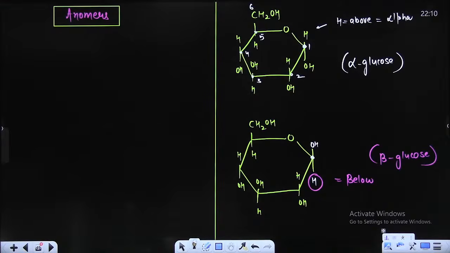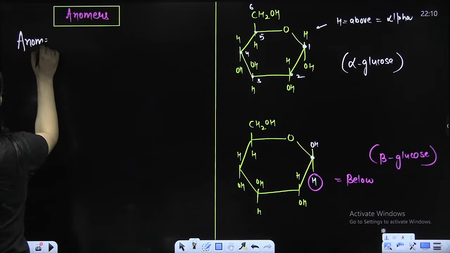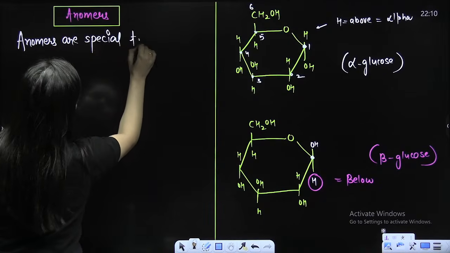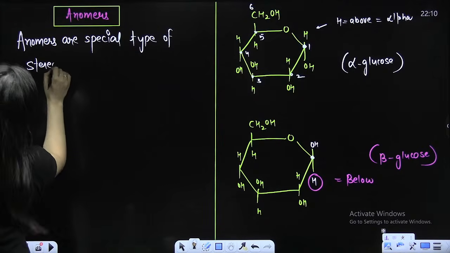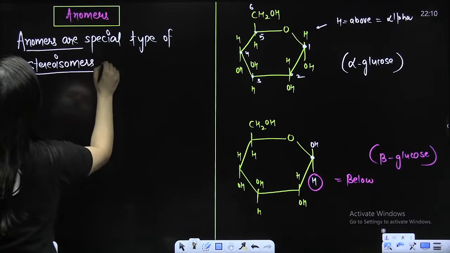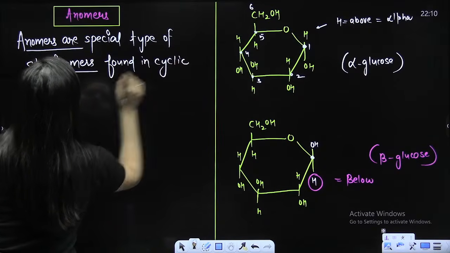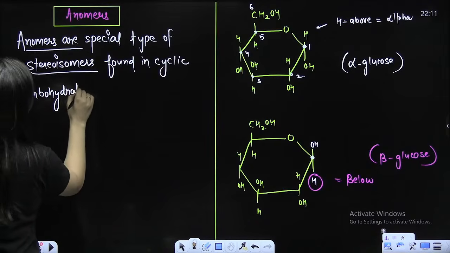So anomers are a special type of stereoisomers. They are found in cyclic carbohydrates, meaning not the chain form. Alpha and beta forms are found in cyclic carbohydrates.